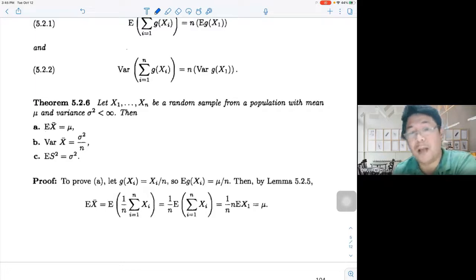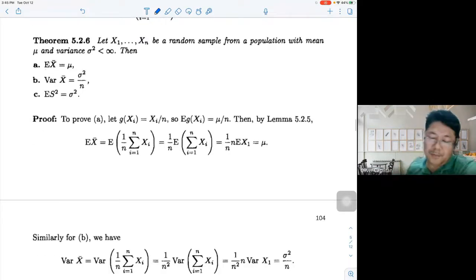It can be normal. If the random sample is from a normal distribution, we will discuss that after, the mean of the sample mean will just be equal to mu. But if the random sample is of a different distribution, still the expectation of the sample mean will just be equal to mu. So we have here the proof.